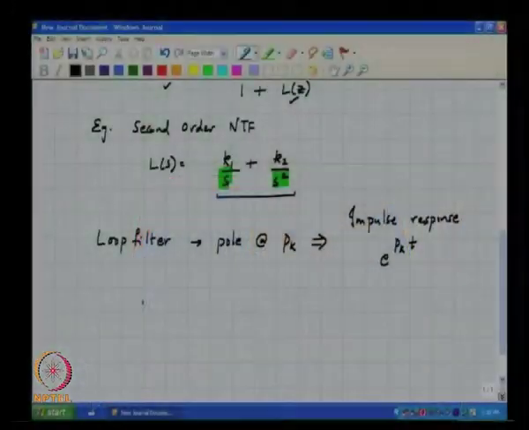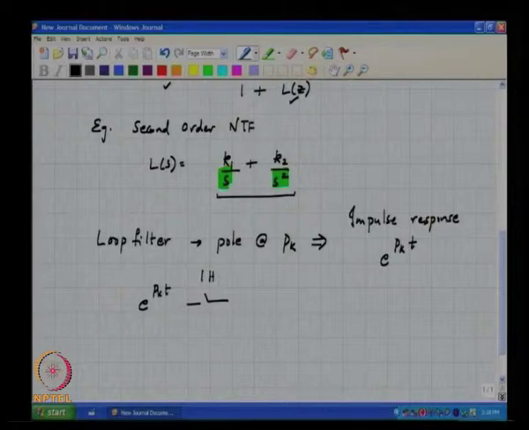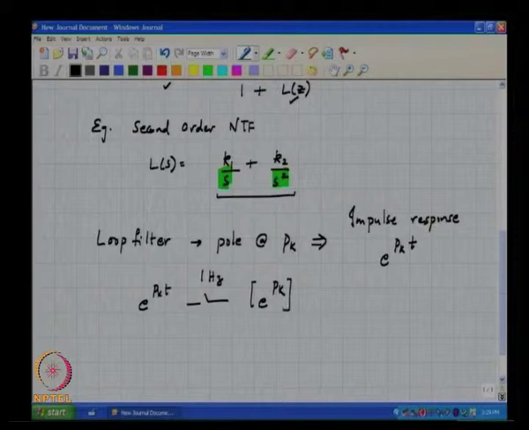So if you sample this e to the power pk times t at 1 hertz, it will correspond to a discrete time sequence which looks like e to the pk times to the power n. Does it make sense? Okay.